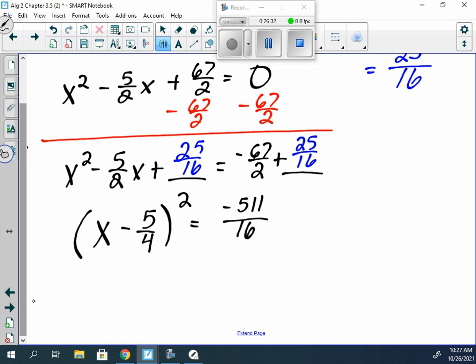And I did this problem earlier today. That's why I know this number. Because really all we're doing is changing negative 67/2 into 16ths.